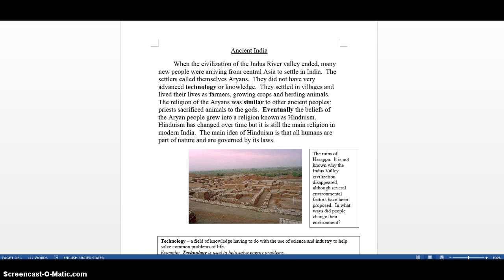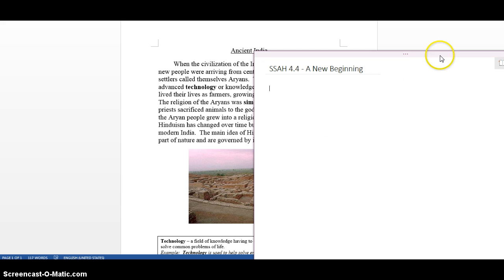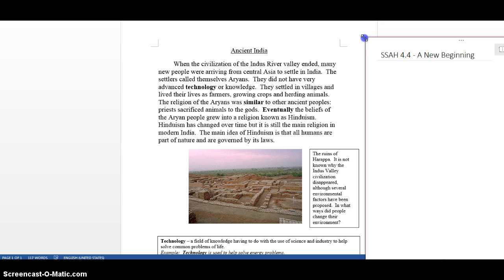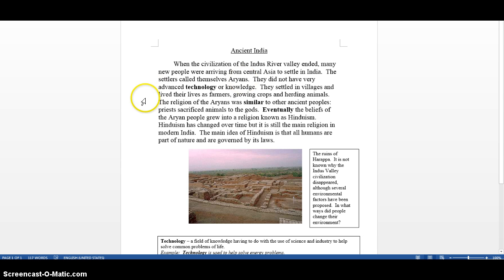So remember, the word settlers, let me get this a little bit smaller here, to settle, okay, means to stop and live. To settle.